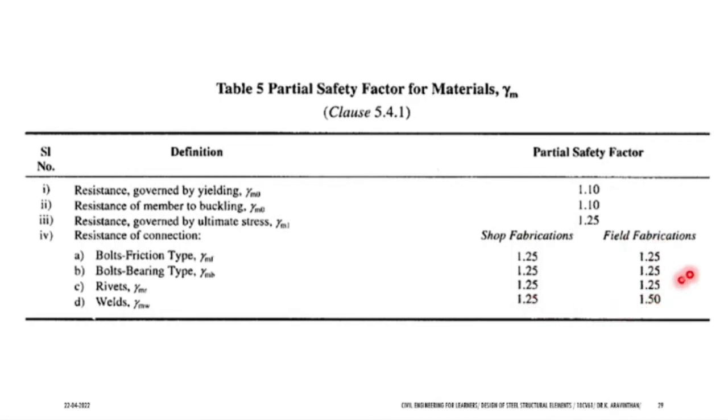This is the only difference. Why? Because you have better accuracy and better implementation of the steel connection. If you are connecting two members and two sections, what happens? If you are in a shop, you might have better quality, and you have all the equipment around you. So they are giving 1.25 and 1.5 for fabrication of this material.